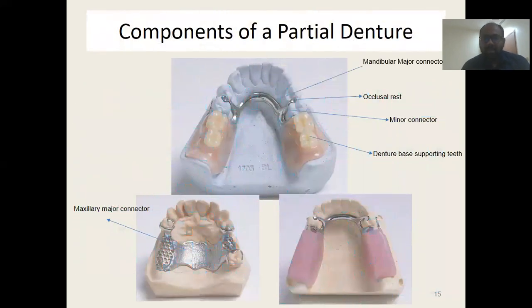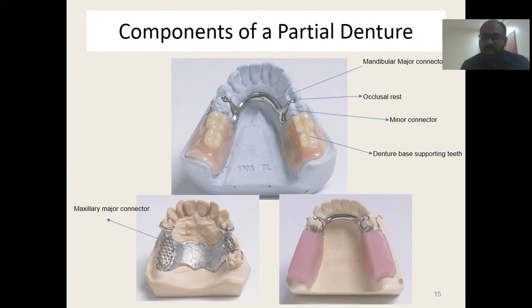Now, this is an image of a definitive prosthesis. If you see here, there are different components outlined, and these components are carefully placed on strategic or ideal sites which could dissipate forces. The basic component is going to be the major connector, which connects the right to the left side of the prosthesis.